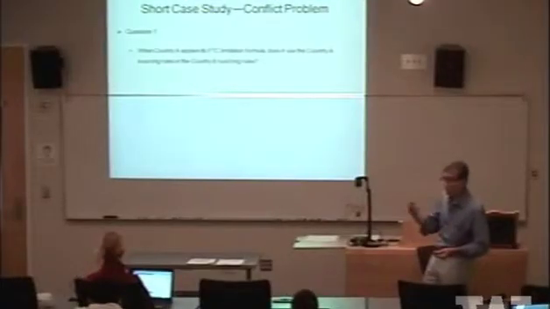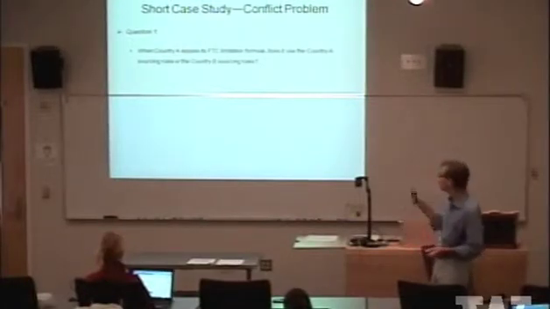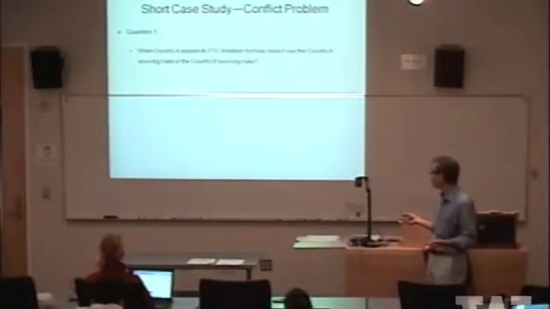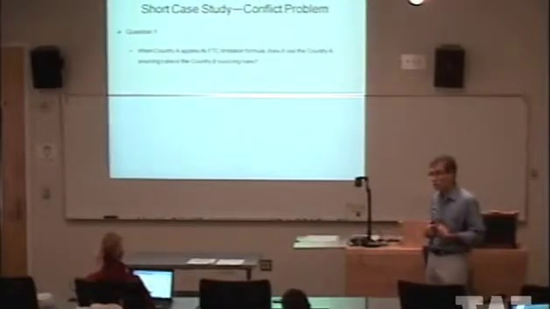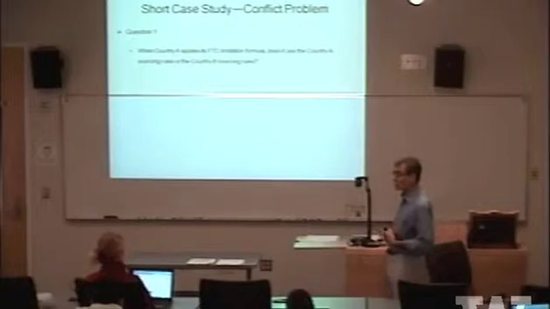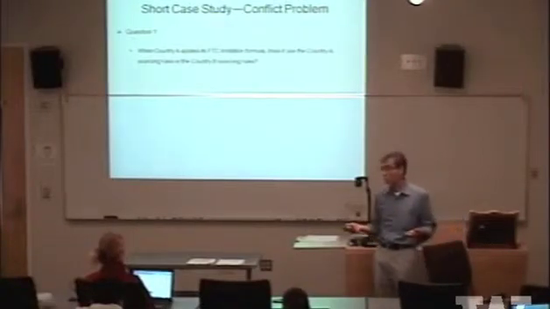Now, as we look at this question, let's go in steps. When Country A applies its foreign tax credit limitation formula, whose country sourcing rules does it use? Does it use its own? Or does it say, gee, for consistency, we'll use Country B's rules?